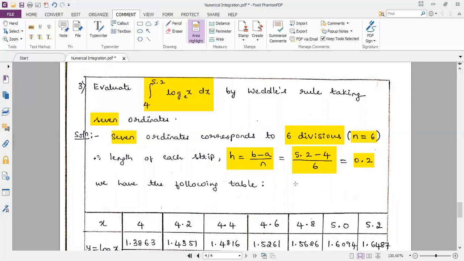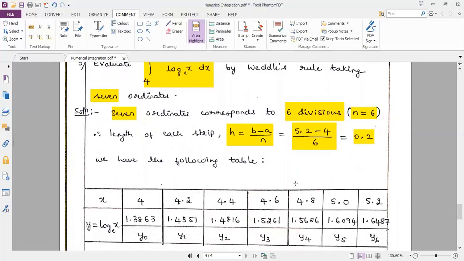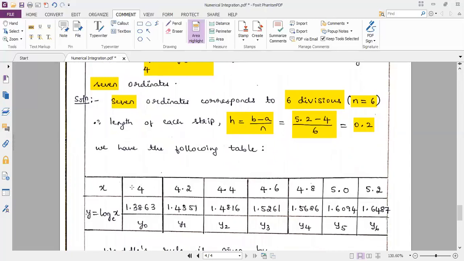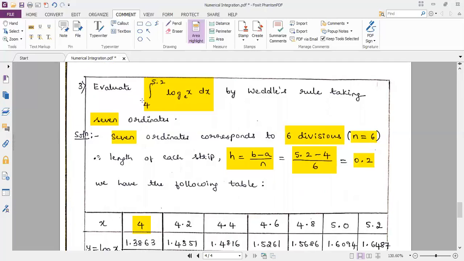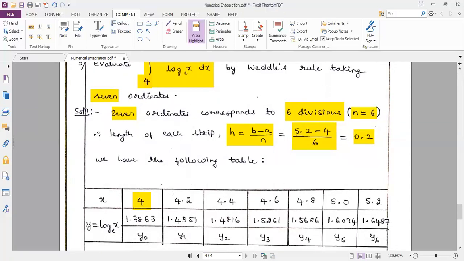Now we frame the following table. The values of x are obtained in the usual way, which we discussed in the last two problems. Starting from the lower limit of the integral, which is 4 here, adding h to it, that is 4 plus 0.2 is 4.2.